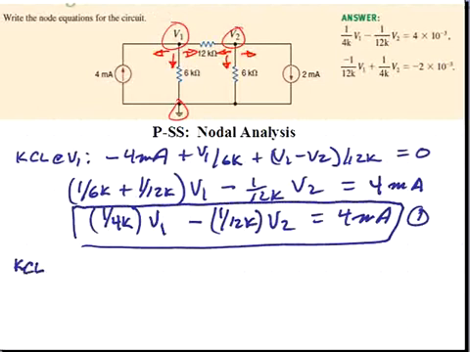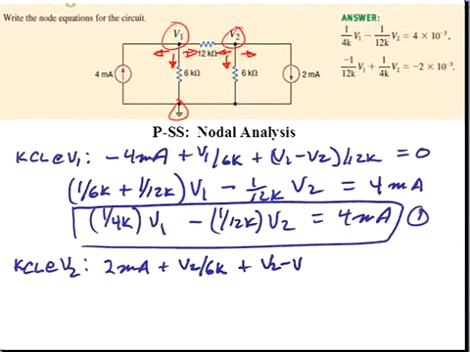Performing a similar KCL summation at V2, we have 2 milliamps for the current source plus V2 divided by 6K plus V2 minus V1 divided by 12K is equal to 0.